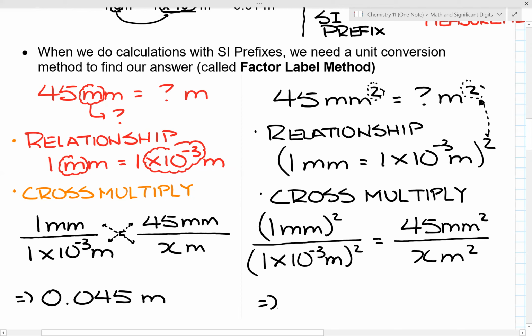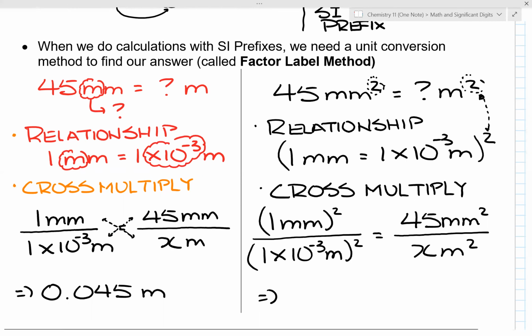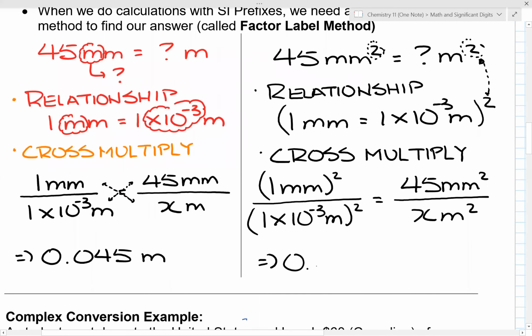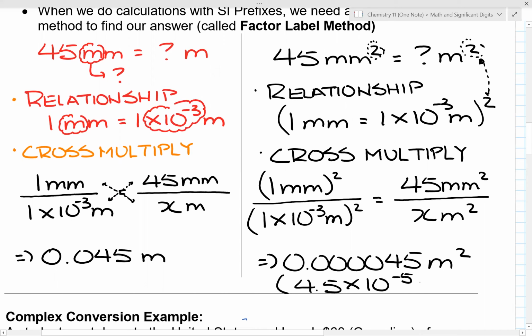You have 1. So I get an answer of 4.5 times 10 to the negative 5 meters squared.